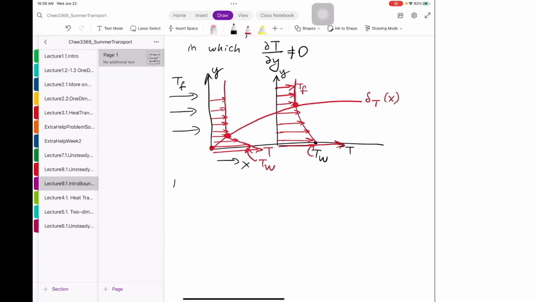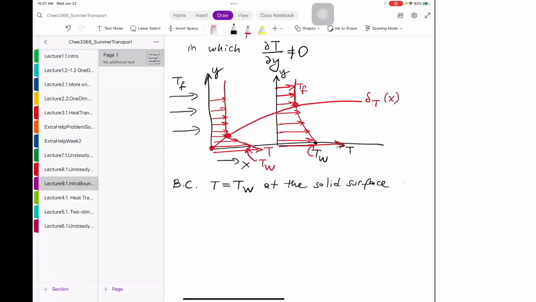Okay, so you have a boundary condition here. As you might guess, T is equal to T wall at the solid surface, right?